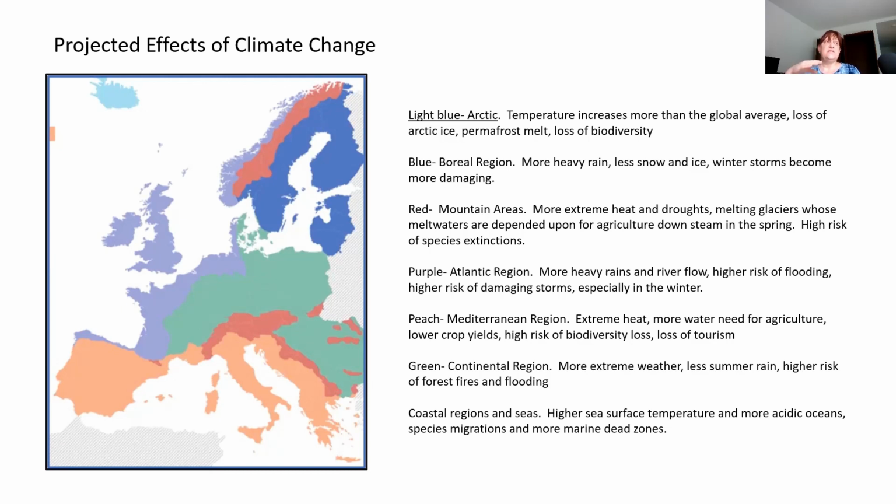And so where you may have had a population of fish that was acclimated to that zone, if the conditions become unlivable, they're actually going to have to move somewhere else. And in places like the Philippines, where 70% of the people rely on fish for their daily protein, this could have devastating effects. So there's some of the projected effects of climate change.